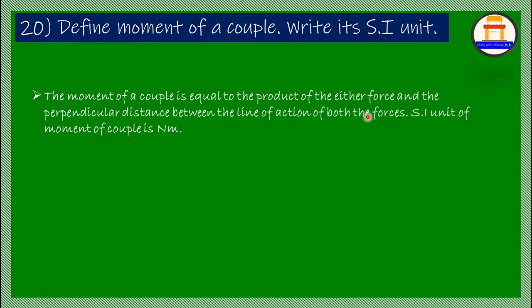You can take any other wording, they all mean the same. Basically the key terms are the product of either force and the perpendicular distance between the lines of action of both forces. This is what is meant by moment of couple.